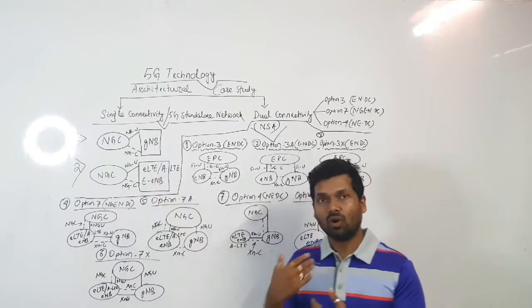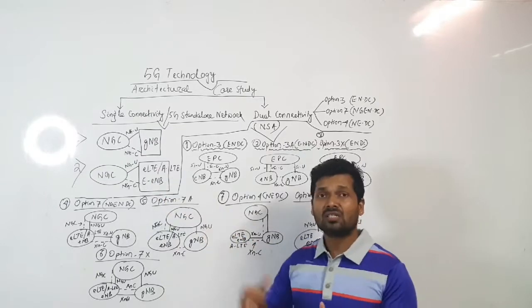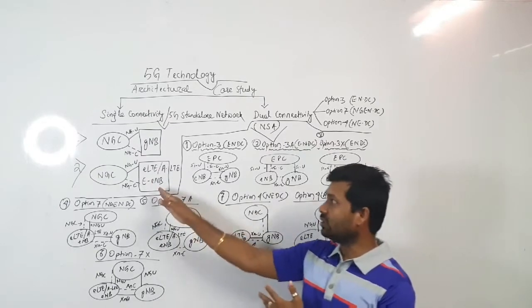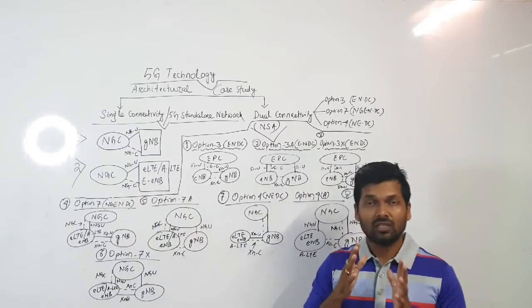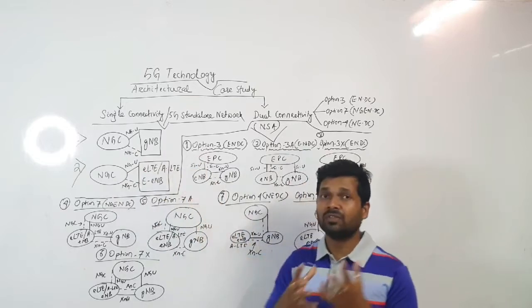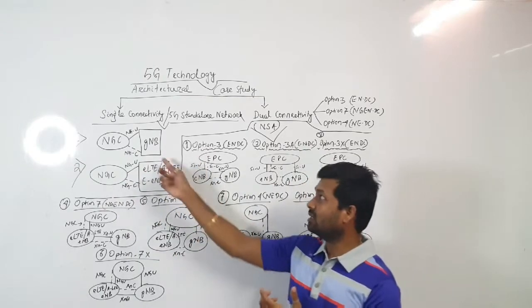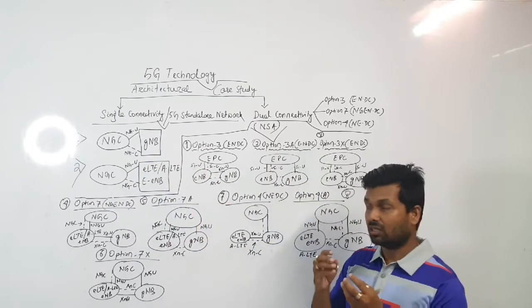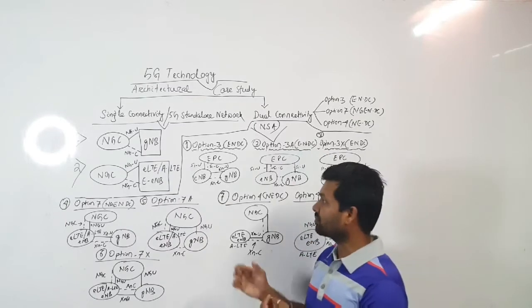So it will be evolved LTE nodes, advanced LTE nodes, or the next generation LTE nodes supported by the new generation core, okay, or the next generation core. And then we have the regular G Node B or the 5G node or the new radio, you can say.